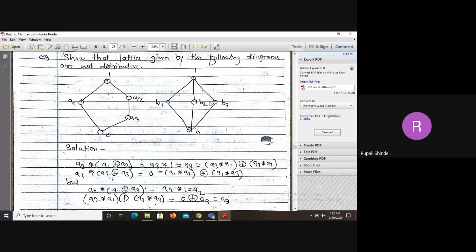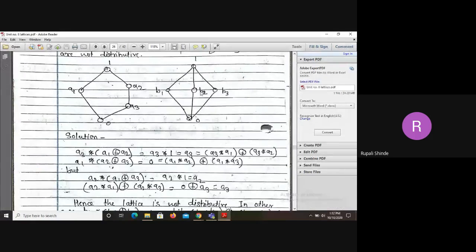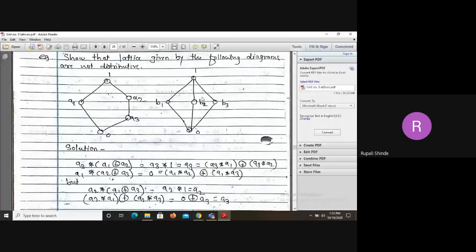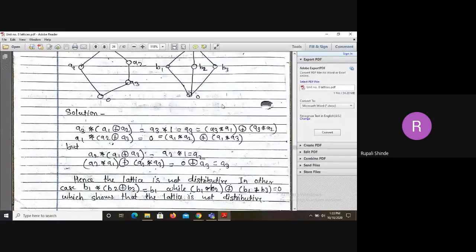What is the least upper bound? Yes, what is the answer for this? B2 XOR B3? 1. Okay. So now it is correct.